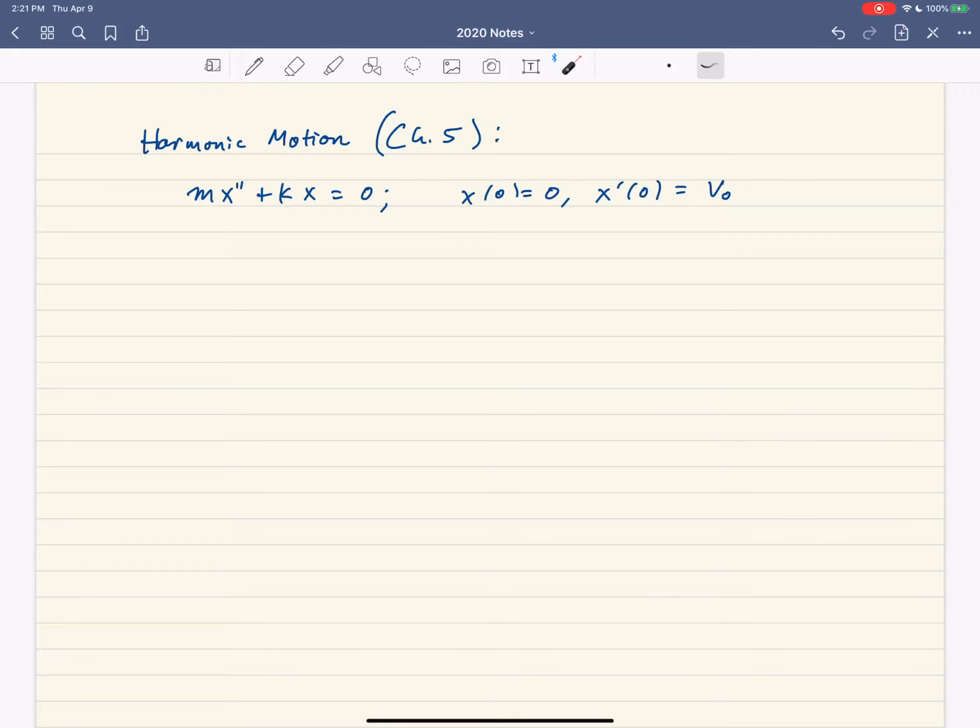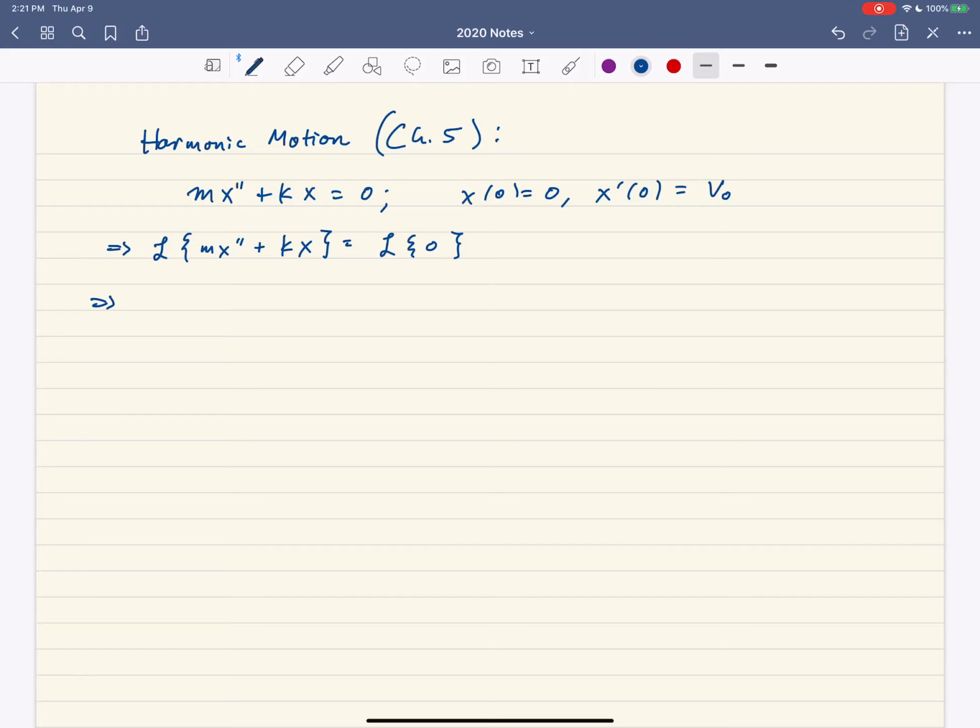But what I want to do instead is do this with the Laplace Transform method, and I'll explain why. If we take the Laplace Transform of both sides, we get the Laplace Transform of m times x double prime plus k x equals the Laplace Transform of the 0 function.